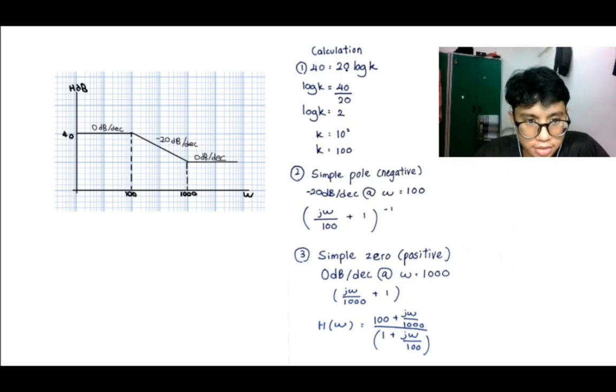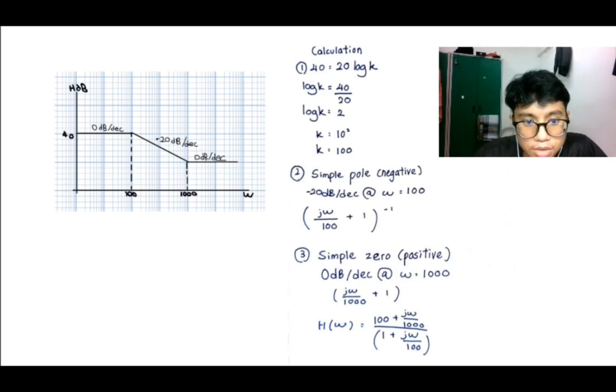For the calculation, the first one we can use 40 equals 20 log K. The 40 we can get from the graph, which is from the y-axis for 40 decibel. So in this equation, we get the value of K is 100. Second is simple pole negative.